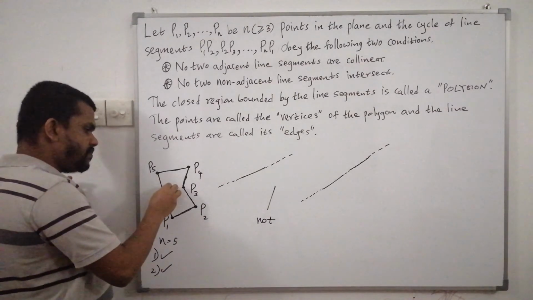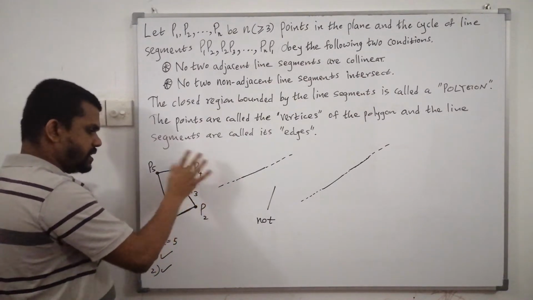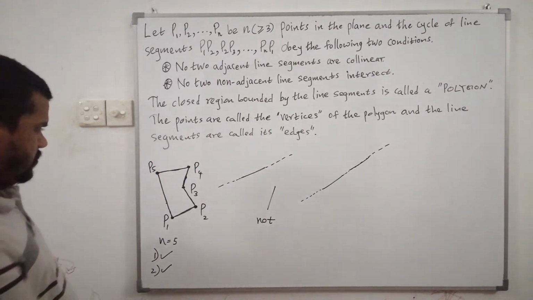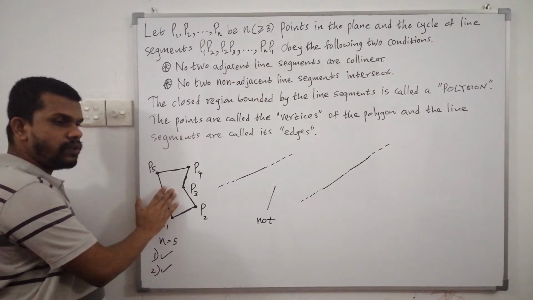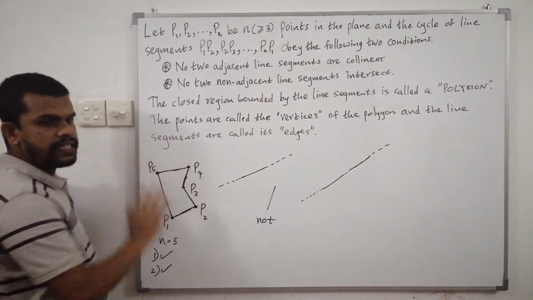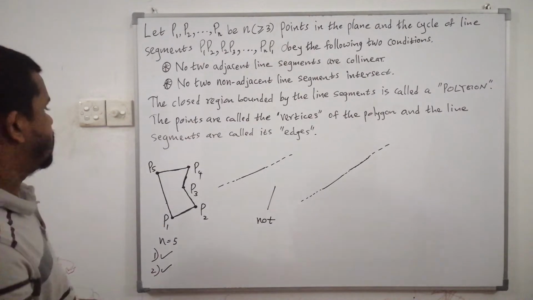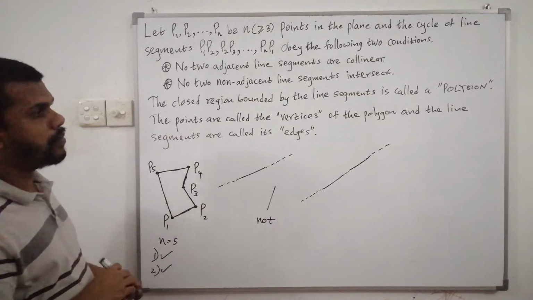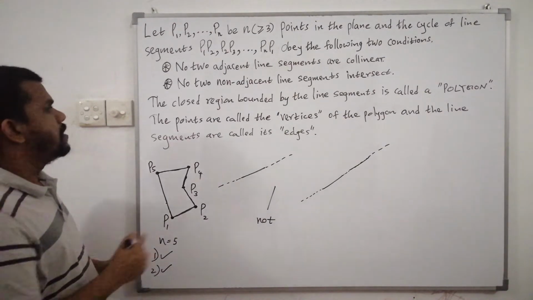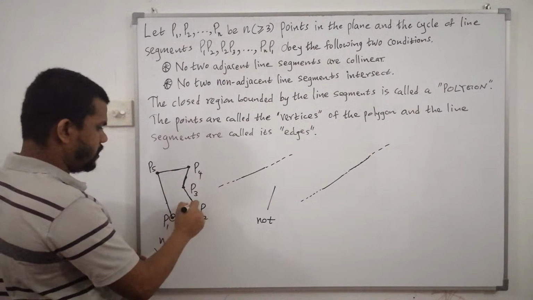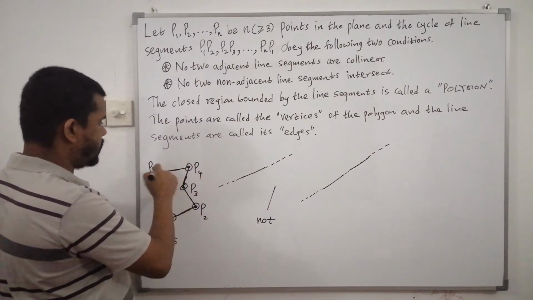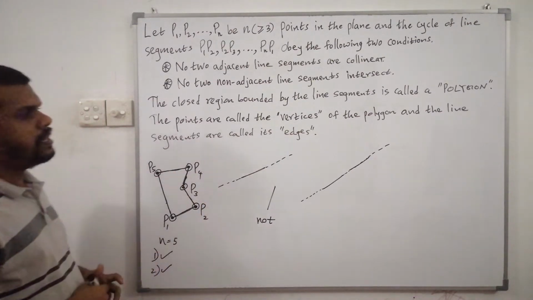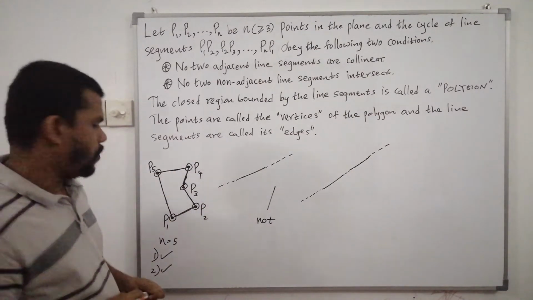That region, including the line segments, we say is the closed region. In other words, that region includes the line segments as well. So, that particular closed region, we call it a polygon, and also the points are called the vertices of the polygon, and the line segments we call the edges of the polygon.